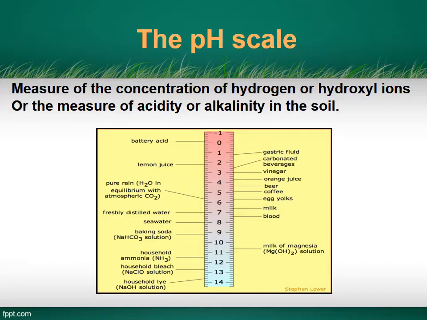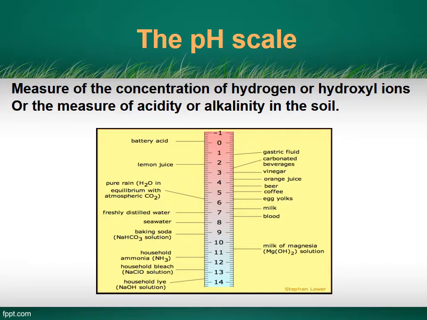So here's a little example of the pH of some different commonly found liquids. You see the pH scale goes all the way from 0 to 14. At the low end, from 0 to 7 is considered acidic. From 7 up to 14, the pH is alkaline. So here's some different things. For example, battery acid is extremely acidic, so that's going to be a very, very low pH.